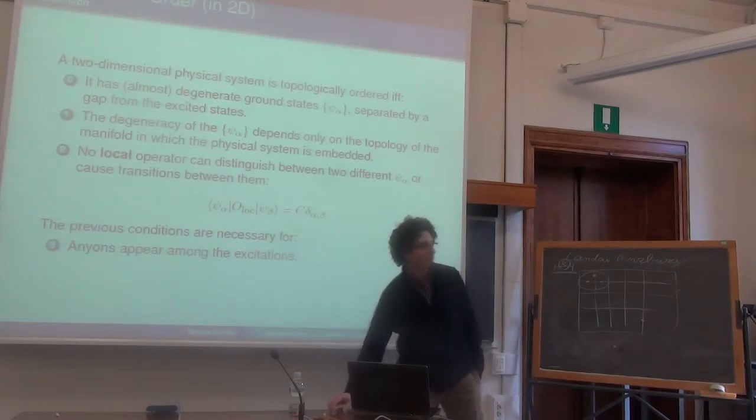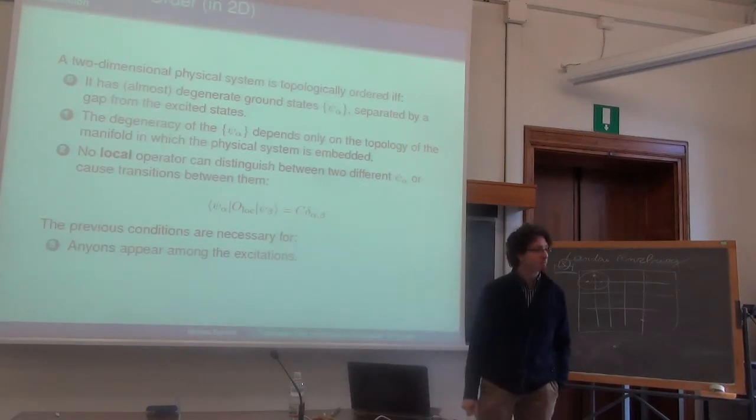Excuse me, regarding point number 2, no local operator can distinguish between different ground states. If you have a global translation, you also want that it does not distinguish different ground states.